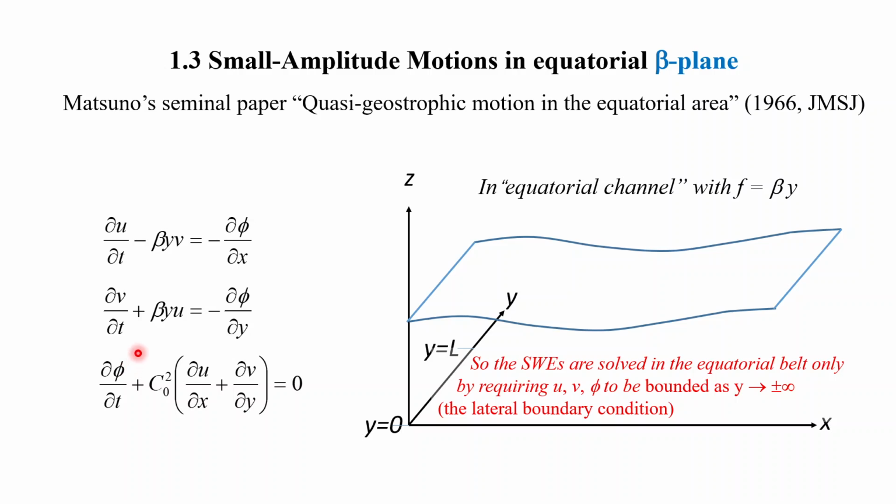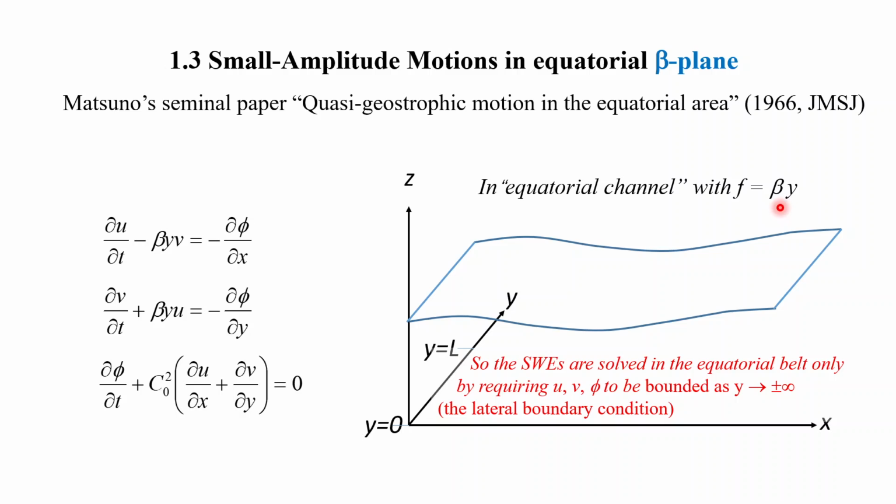So we use the same set of shallow water equations, but on a beta plane with a boundary condition. That is because of the limit of the beta plane, which is an approximation for the Coriolis parameter in the equatorial region.